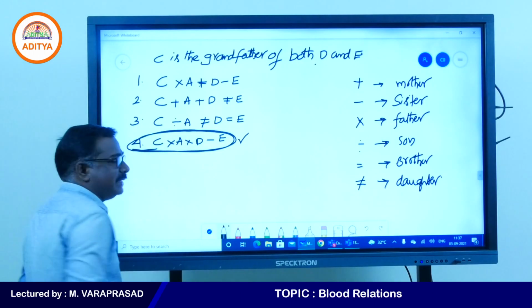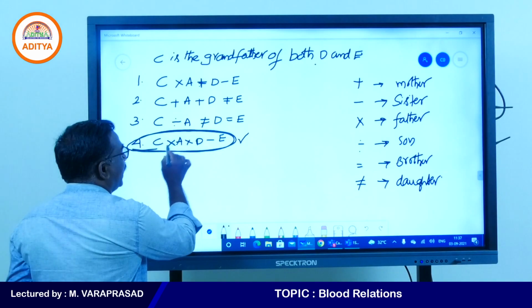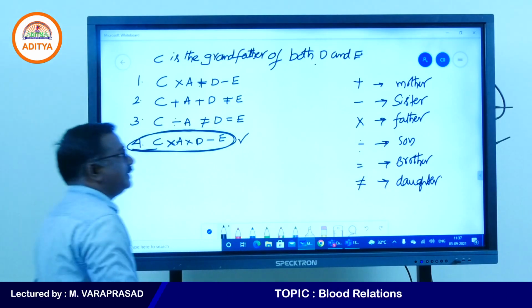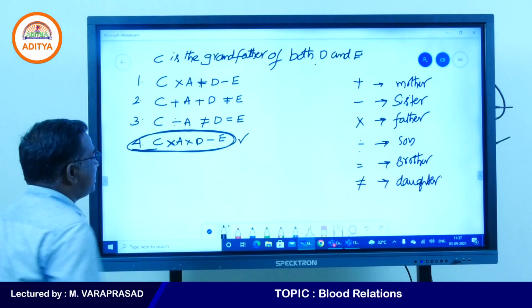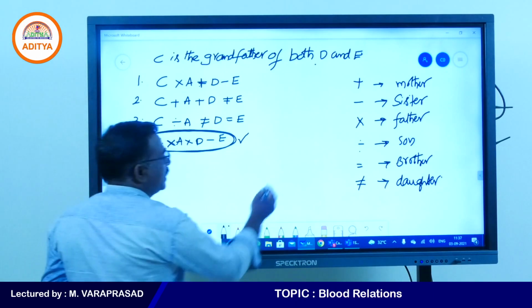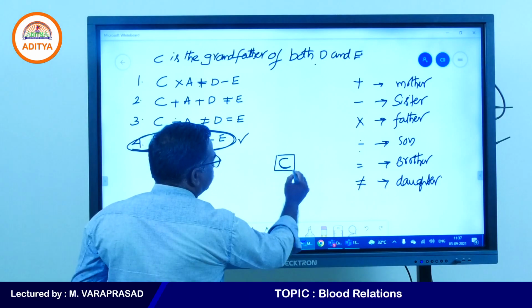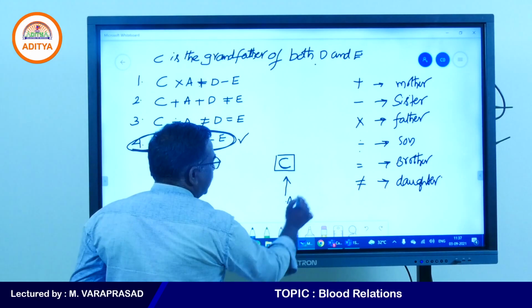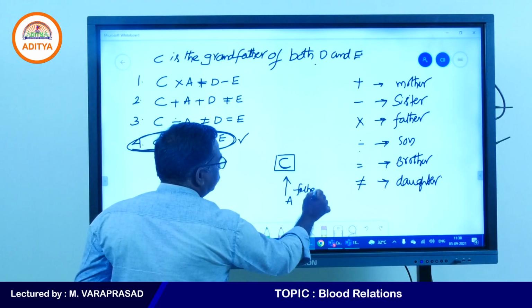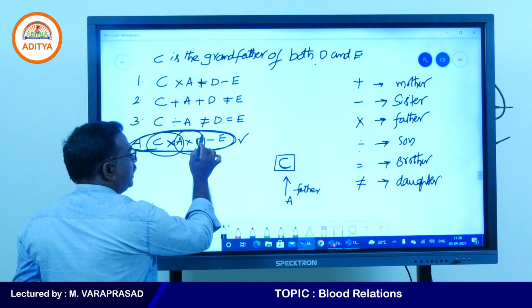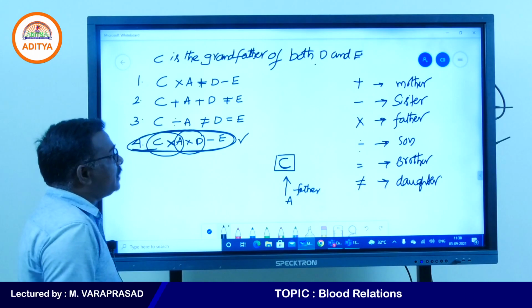C into A: into means father, so C is father of A. Now A into D means A is father of D.